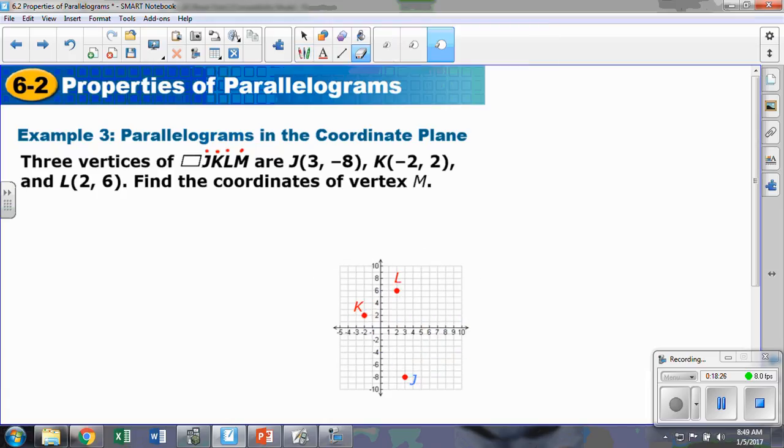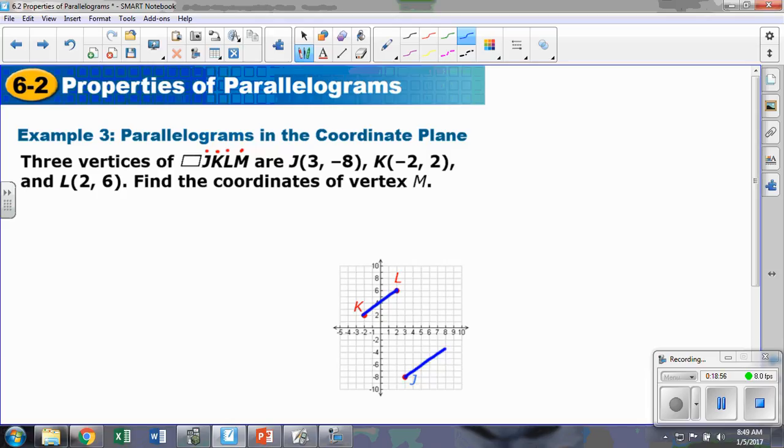Perhaps the quickest way to get this one is to take advantage of some properties that we had back when we were working on coordinate proof. We mentioned that if things are parallel, they have the same slope. So what we need to recognize is, since this is supposed to be a parallelogram, these things have to have the same slope.